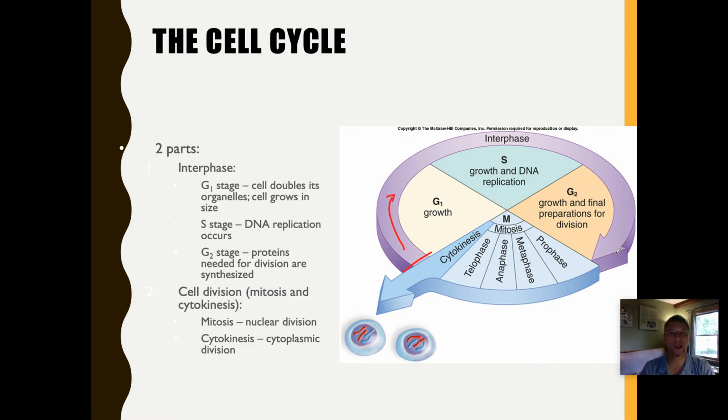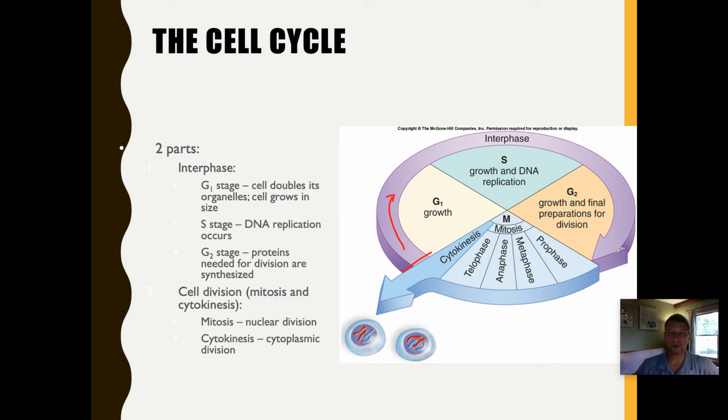And we divide the interphase into three parts. G1, which stands for growth 1. The cell doubles its organelles. All right, so you double the number of mitochondria, you double the number of Golgi bodies and ribosomes and all the other cell organelles that we talked about earlier in the year. During the S stage, all right, this stands for synthesis.